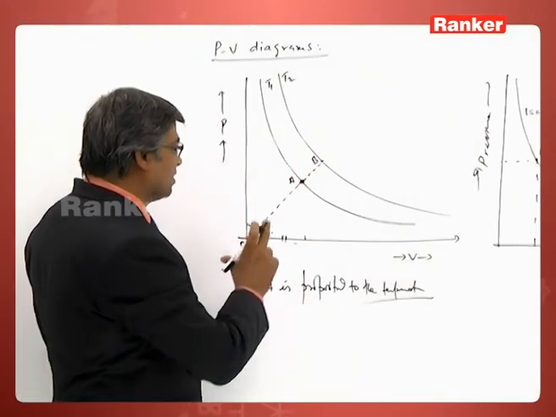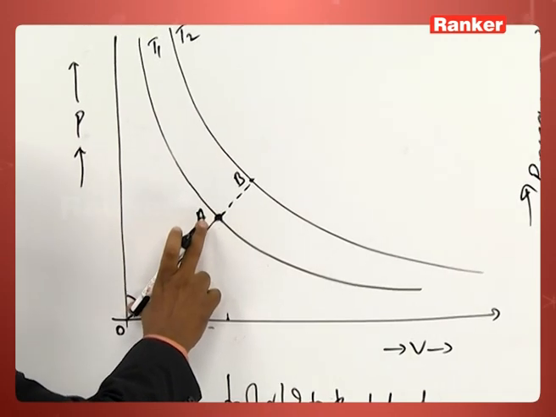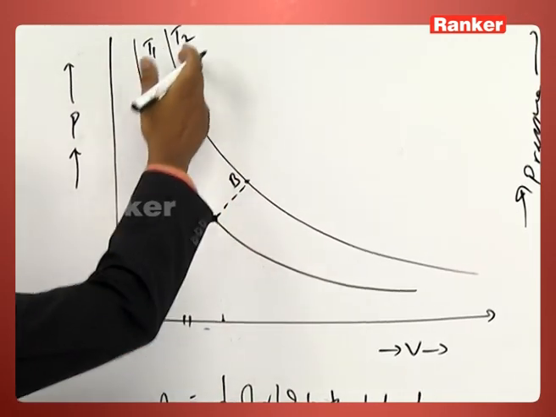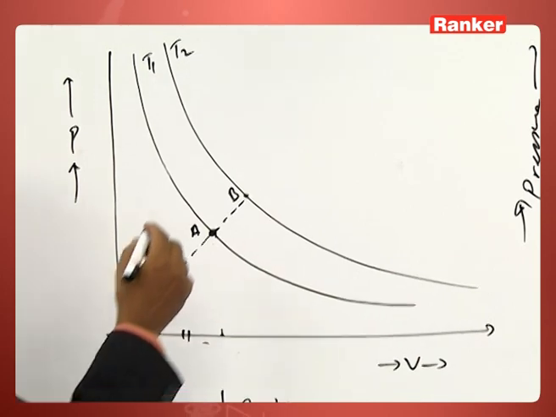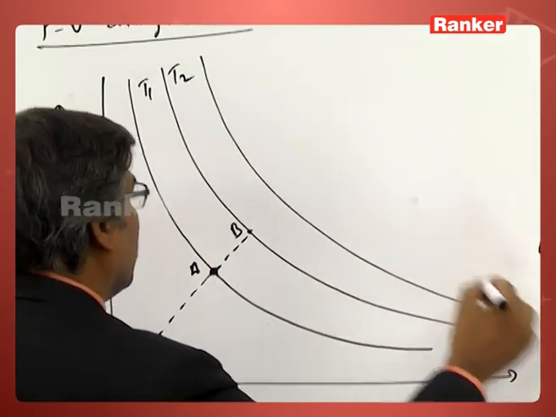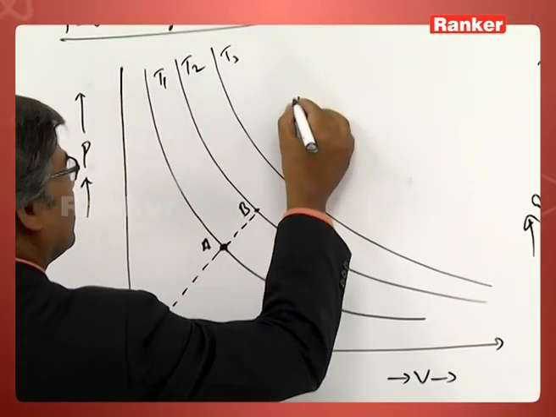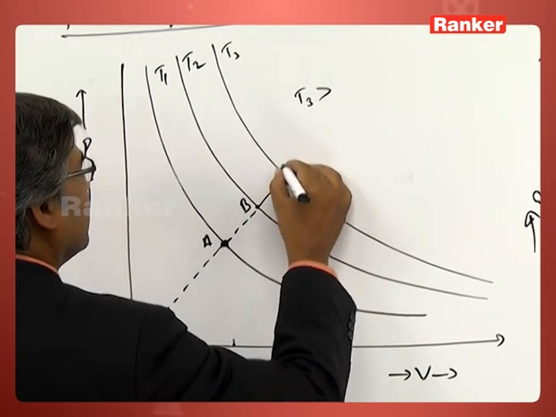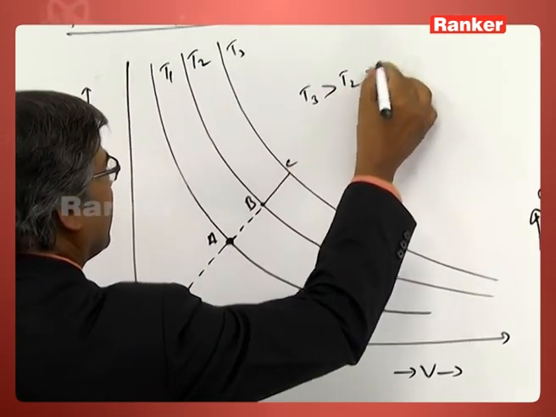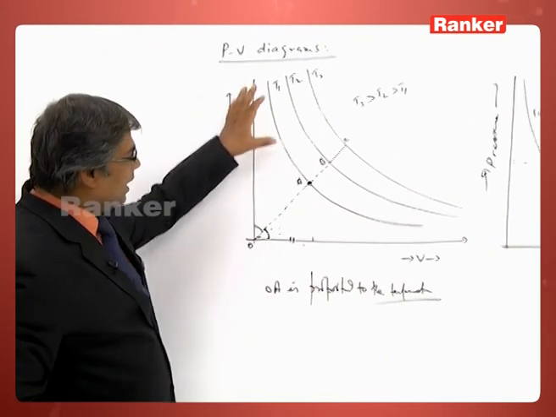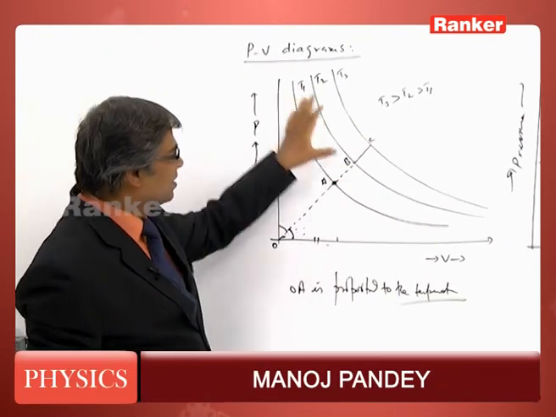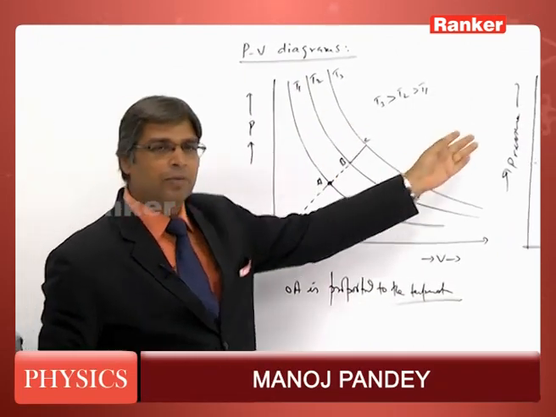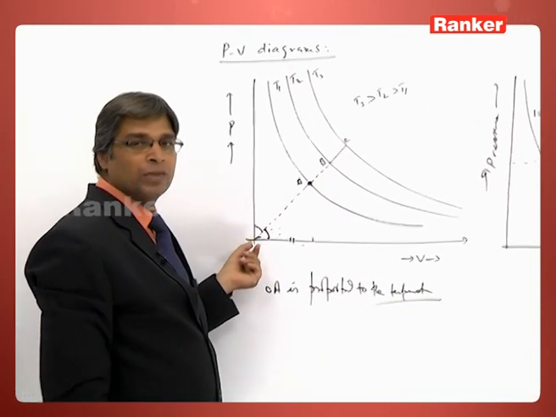OB is larger than OA, and OB represents T2. And this is T3, where T3 is greater than T2, which is greater than T1. So if temperature rises, then the rectangular hyperbolas will be away from the origin.